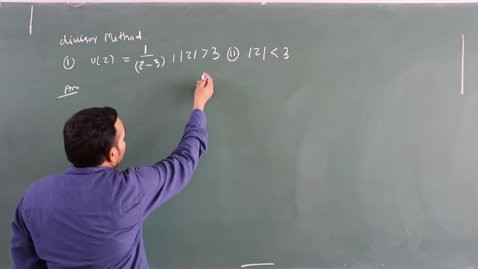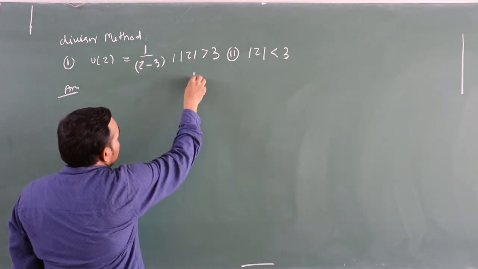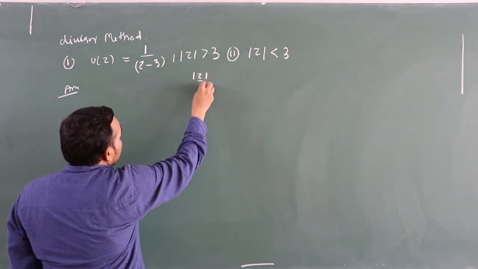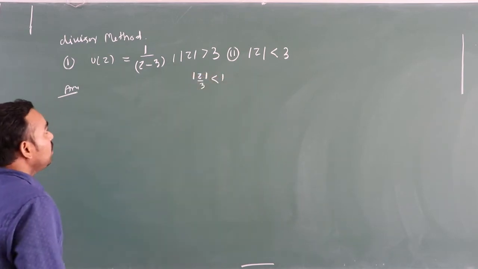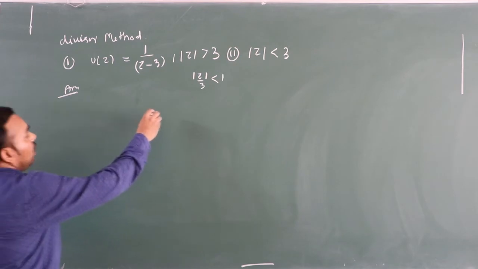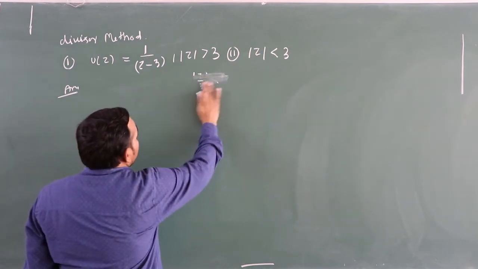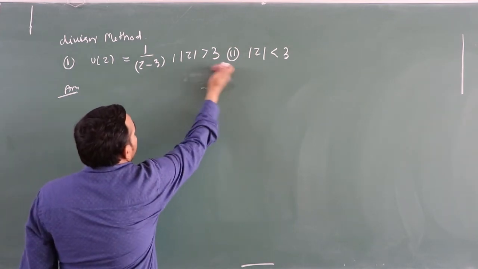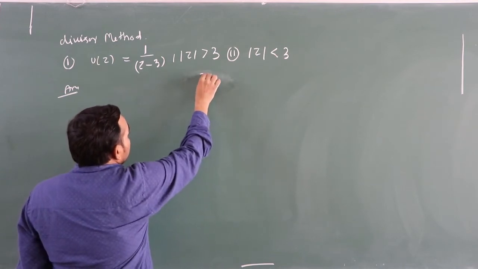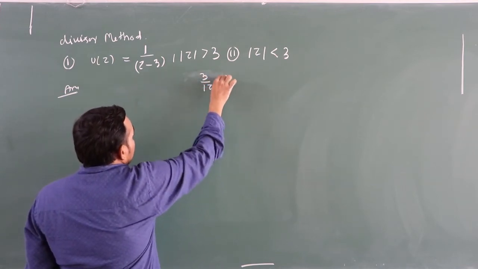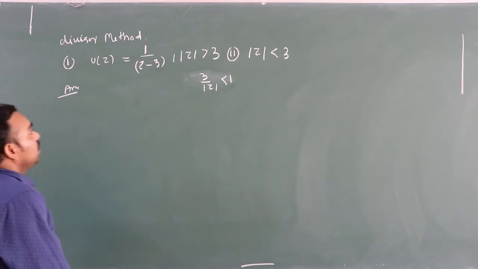Here mod Z greater than 3 means the series will come in terms of 3 upon Z, that is, 3 upon mod Z less than 1.